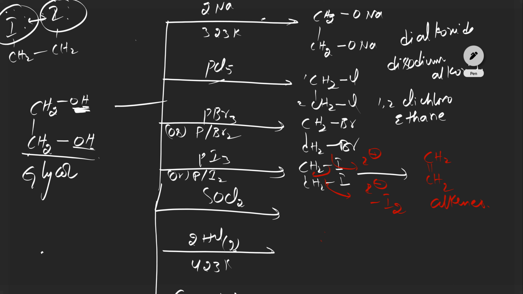The OH is replaced by a Cl atom, as I already gave in alcohols: CH2Cl and CH2Cl. Due to the internal nucleophilic substitution reaction, alkyl halides are formed from thionyl chloride and alcohols. I already gave the mechanism in alcohols. You can check that one.